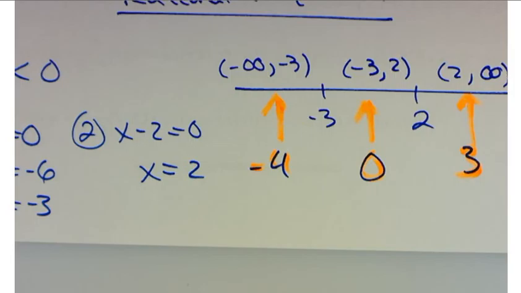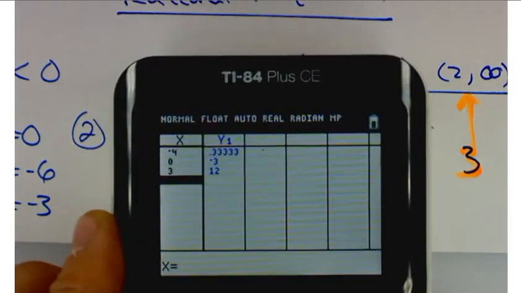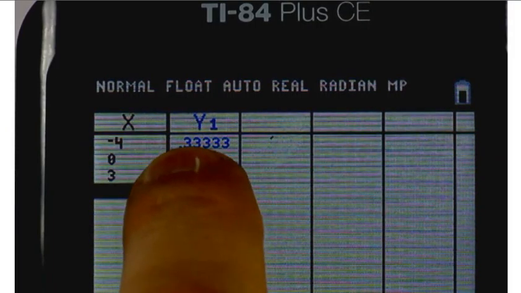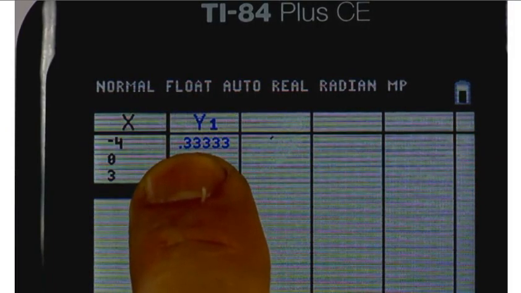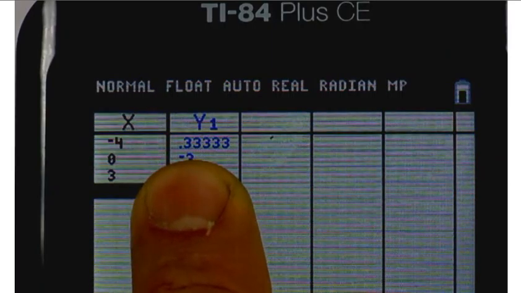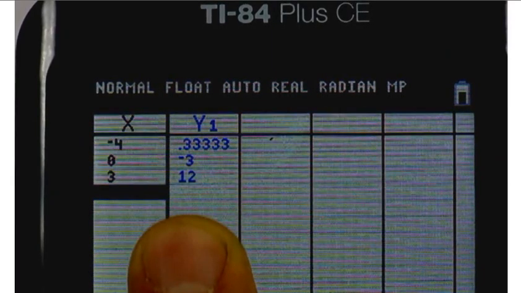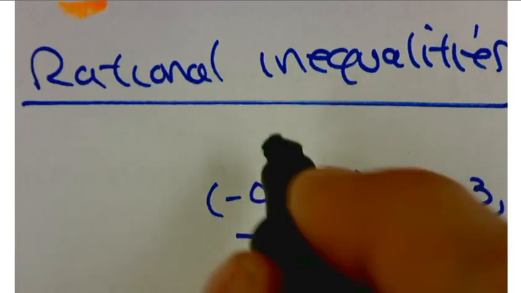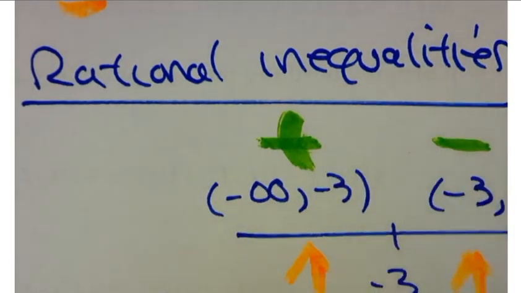Is that it? Yeah. So notice in the first case we got a fraction. That's okay. It's still a positive fraction. 0.33333. What fraction is that anyways? 1/3. But it doesn't matter exactly what we got. It just matters that it's positive. Positive, negative, positive.